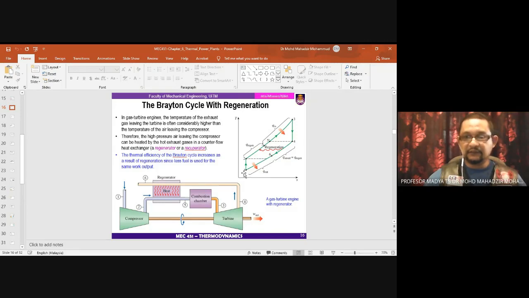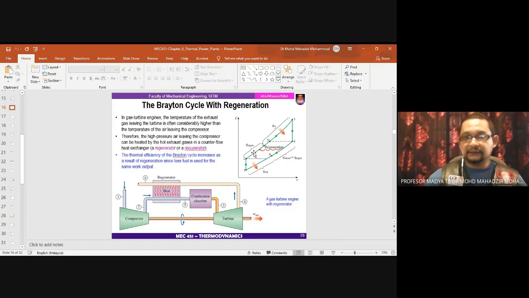So process from state number 1 to state number 2 is called the compression process, by isentropic. Process 3 and 4 is the expansion or power process. This is in the turbine. And 3 and 5, or 5 prime, is the combustion chamber, where the heat is added in the system.